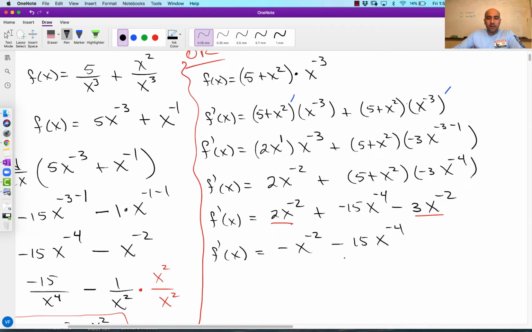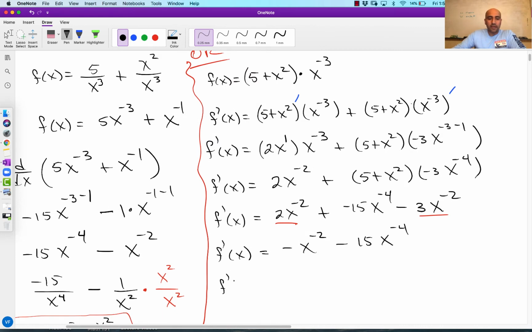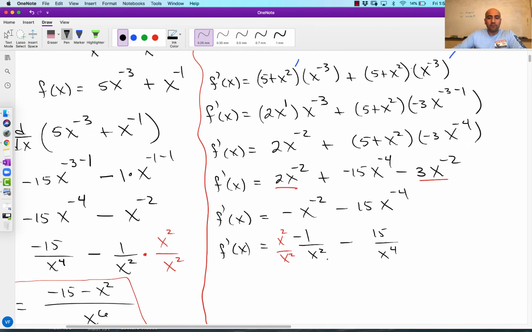Okay, so then let's rewrite it. This becomes f prime of x equals minus 1 over x squared minus 15 over x to the 4th. Again, we get a nice common denominator of x squared over x squared, which then gives me x squared minus 15.